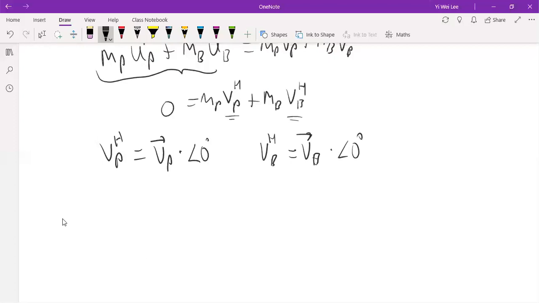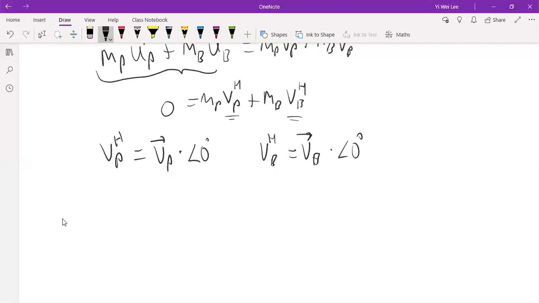Now let me just repeat again. Vph is the velocity of the particle P in the horizontal direction, which is equal to the velocity of P dot product with 0 degrees, because it is resolving to the x direction. Vbh is the horizontal velocity of B, which is equal to the velocity of B resolved to the horizontal direction. In other words, dot product with 0 degrees.